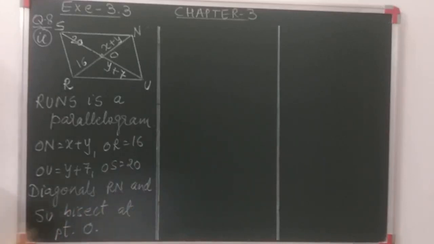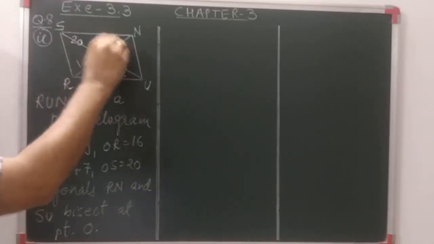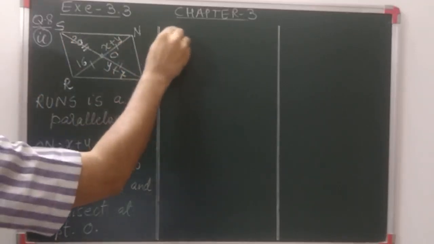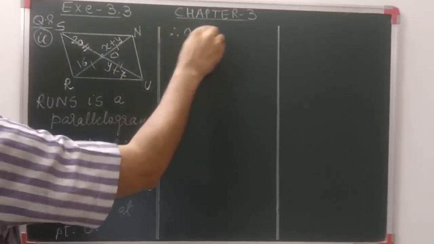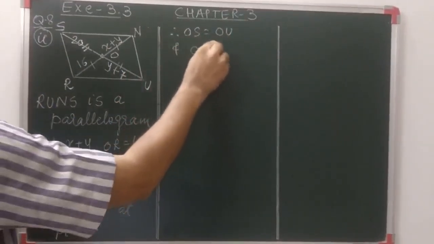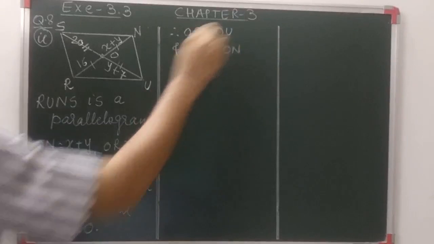So we discuss what is bisect. मतलब ये values same होगा and these values are same. So we can say that OS is equal to OU and OR is equal to ON.